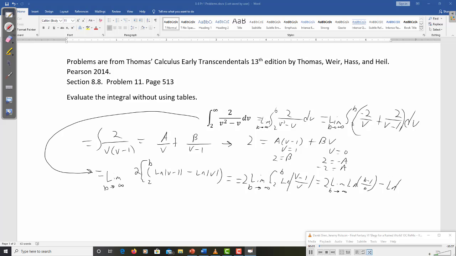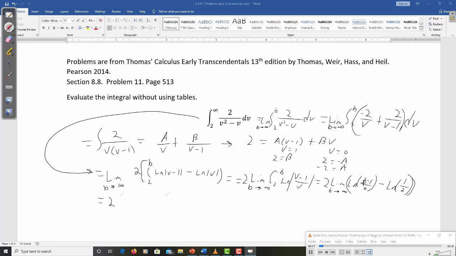Yeah. So 1 over 2, and that's going to get us, let's see, you take the limit of that as b goes to infinity.